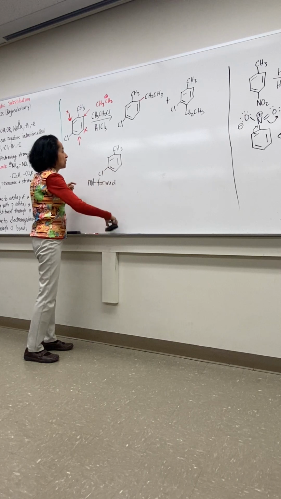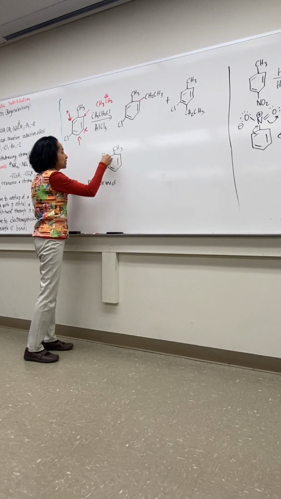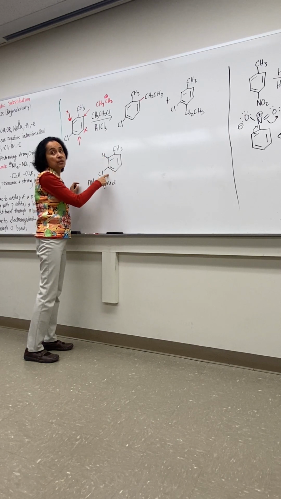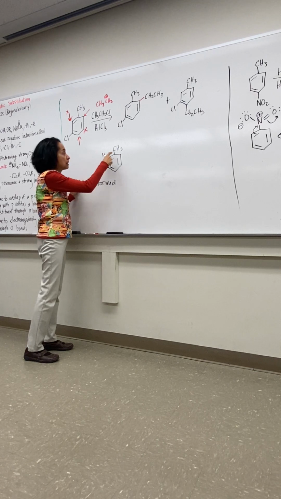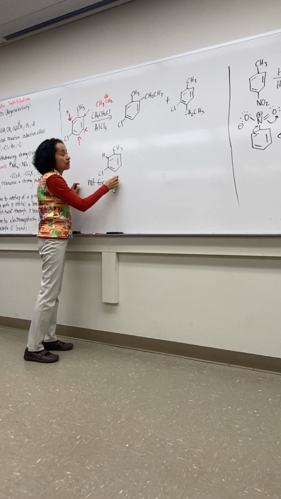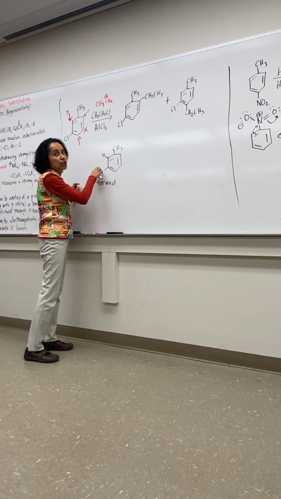For the electrophile to go here, it has to insert between these two. So it's called steric effect. This one is crowded, this one is not crowded. There's too much activity on that side.